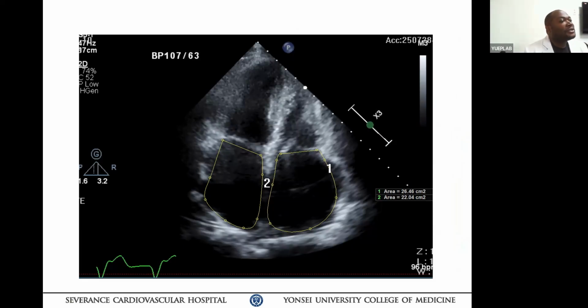Sometimes it also depends on the echocardiographer and the position of the probe, but there is too much discrepancy between atrium and ventricle. Dr. Zhang, what do you think? He's an echo guy, a subspecialist in imaging.